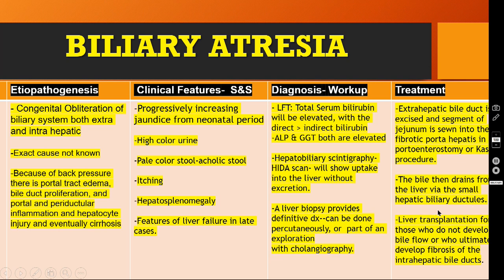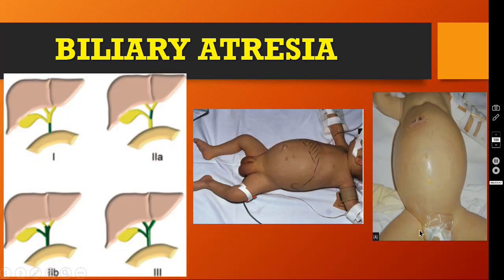Even after a successful Kasai's operation, which should be done before the baby is 2 years old, only 50% will be successful. In the other 50%, there won't be any biliary secretion, and eventually these babies need a liver transplant.